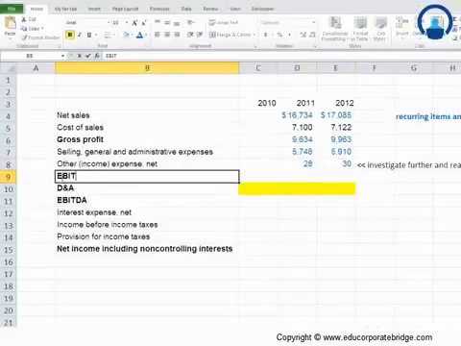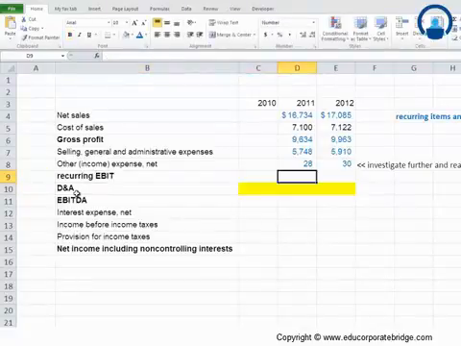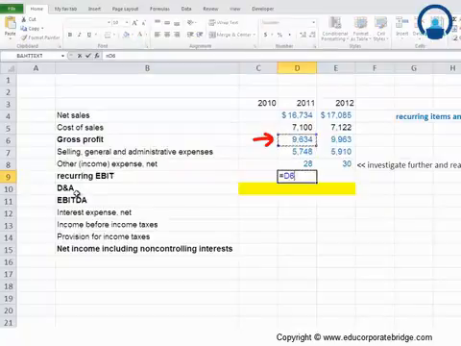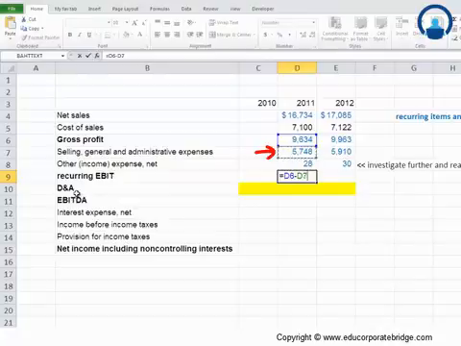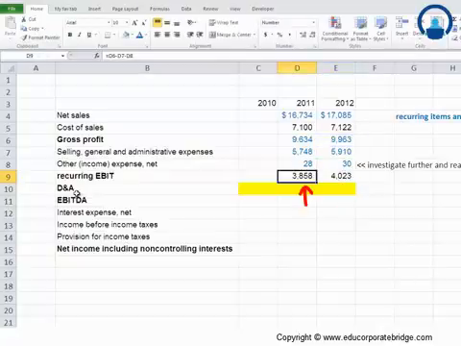So what do we have in terms of our recurring EBIT, because we have actually removed all the elements of non-recurring items. So this is gross profit less this SG&A less the other expense. So it comes out to be 4023 and 3858 in the case of 2011.